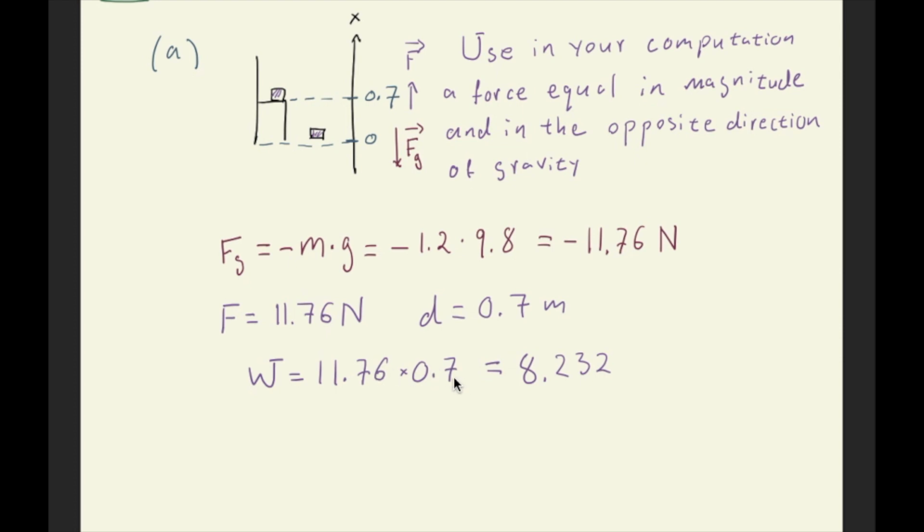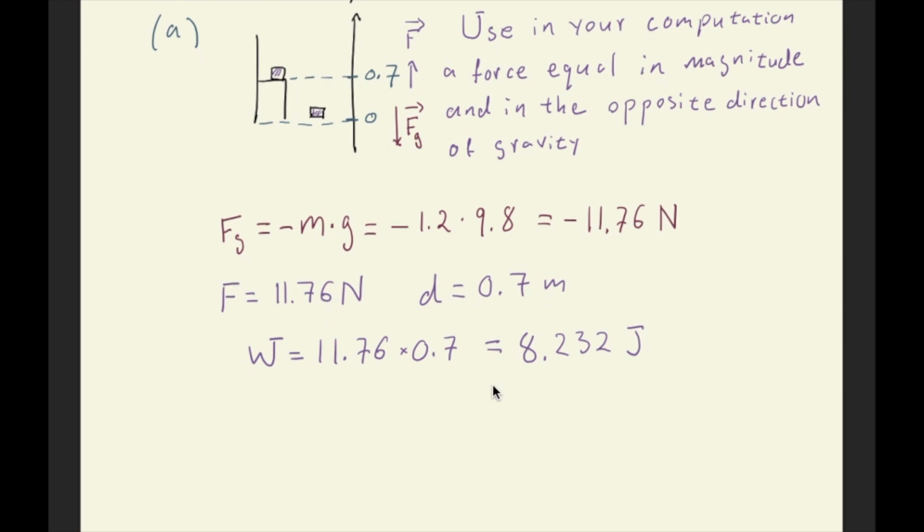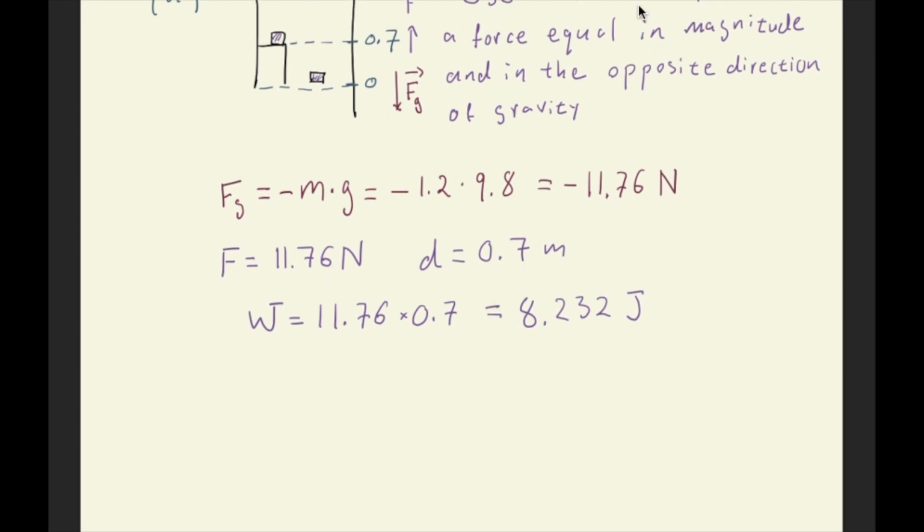And now newtons times meters, which is joules, right? So that's the work required to lift the book off the floor and put it on that shelf. Okay, so that's the answer to the problem.